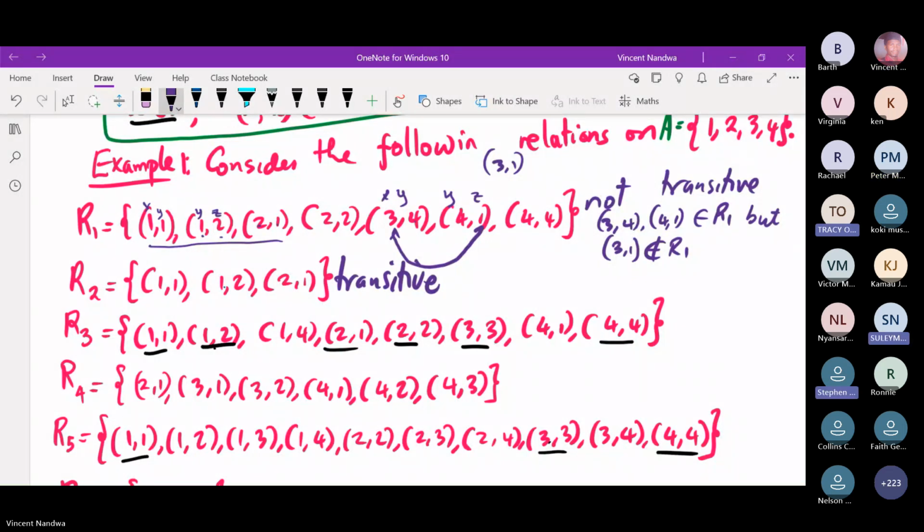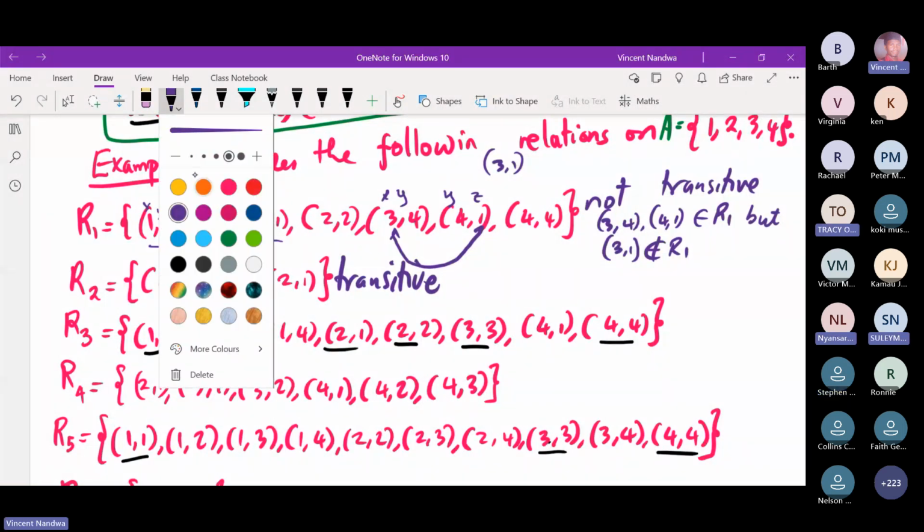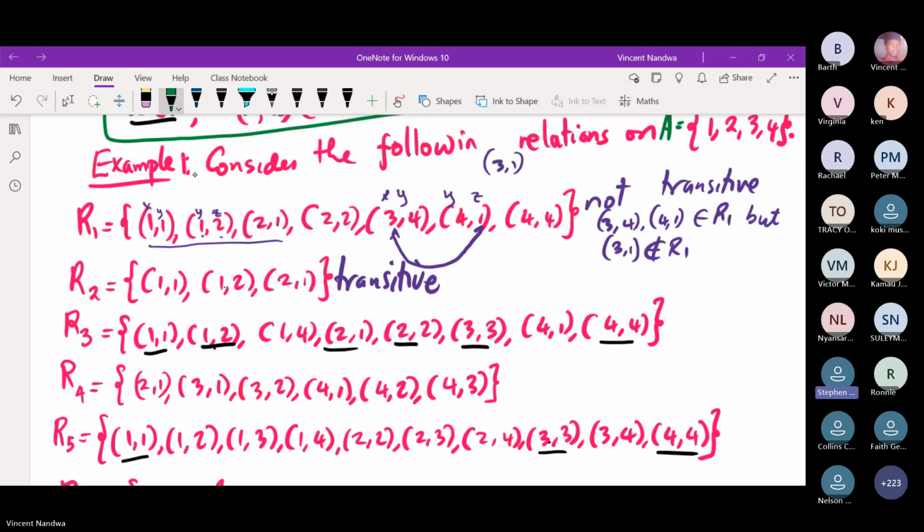The first one is in the form of X, Y, and the second one is of Y, Z. Then X, Z should be 1, 2, but the third one is 2, 1.